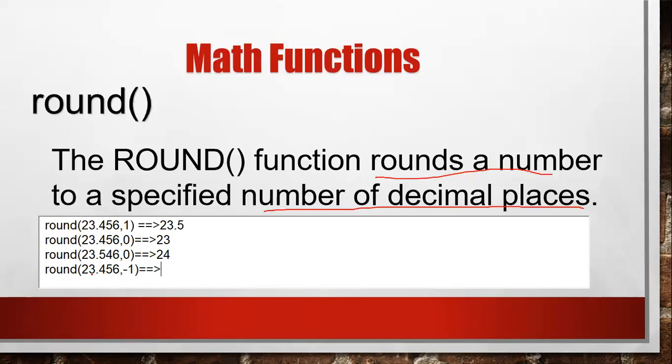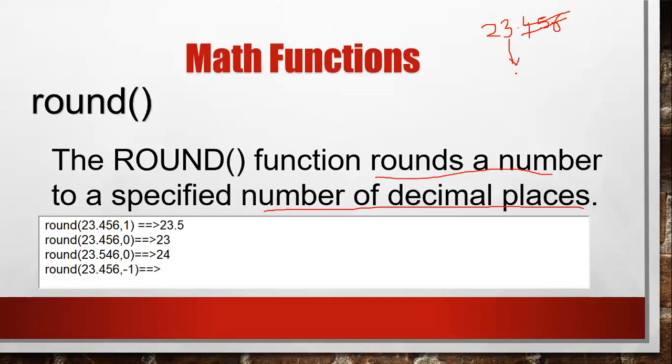Suppose it is written 23.456. As it is written minus 1, we simply ignore the data after the decimal point. Now, as it is minus 1, we have to make one digit before the decimal place 0.